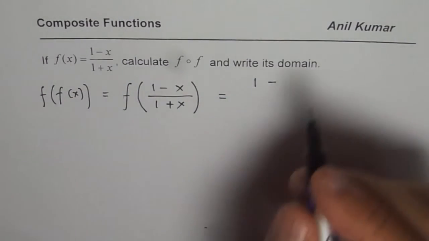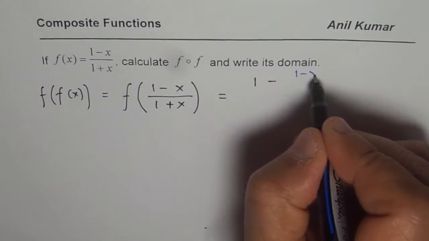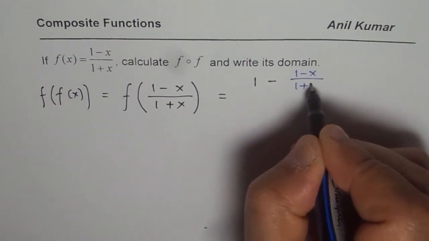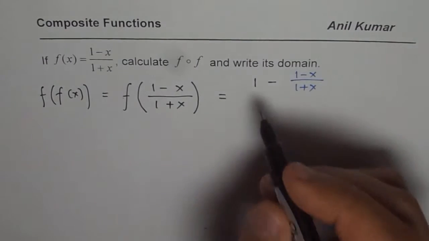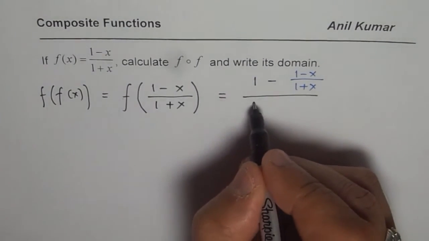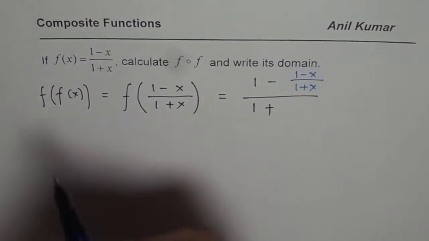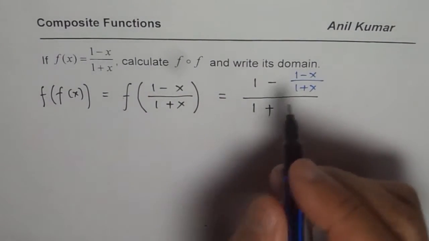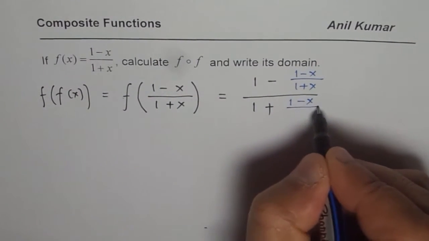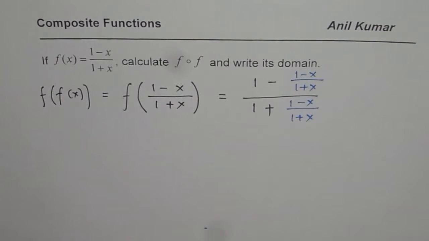So we get 1 minus x over 1 plus x, do you get the idea, divided by 1 plus, we'll replace this x with all that, 1 minus x over 1 plus x.